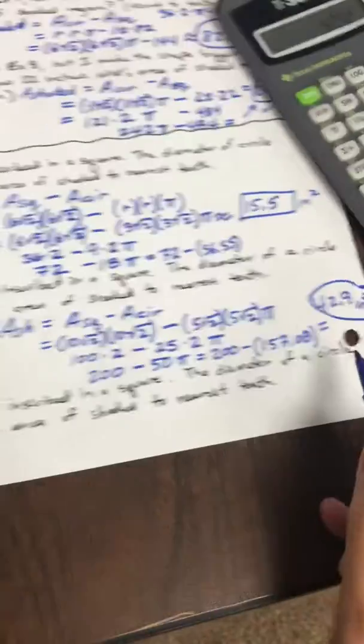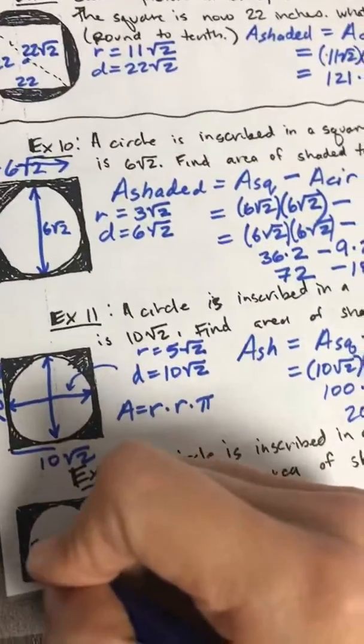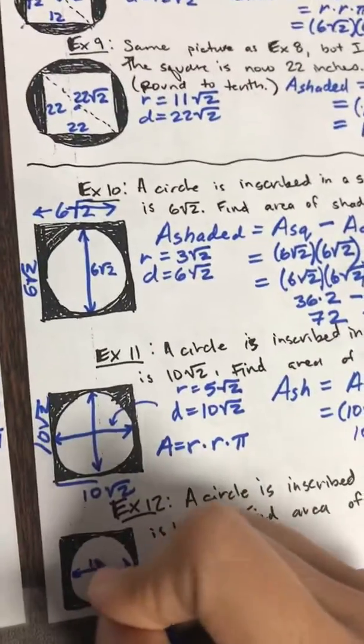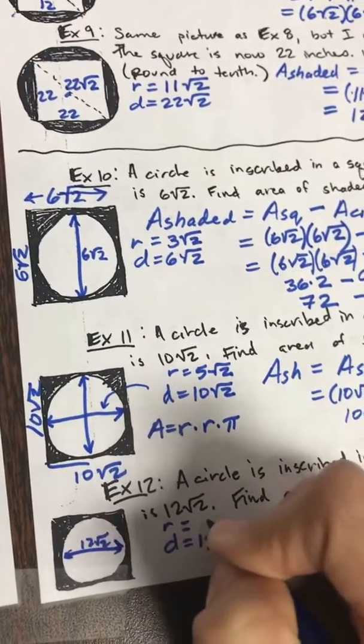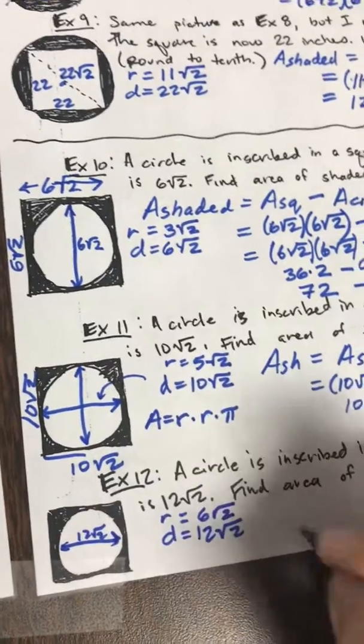So the diameter of our circle here is 12 times the square root of 2. So I'm hoping you'd think this would be the radius.